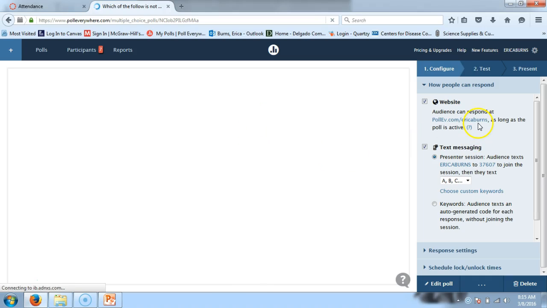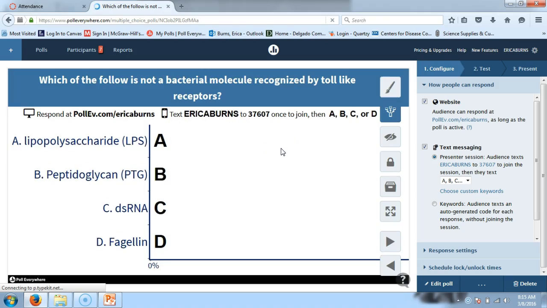So you can either text or you can use your web browser on your smartphone. If you use a web browser on your smartphone, you just type in polllev.com/Erica Burns, and this poll should show up. And then you should be able to just click on your smartphone. Or you can text to this number one of the choices, A, B, C, or D. So which of the following is not a bacterial molecule recognized by toll-like receptors?